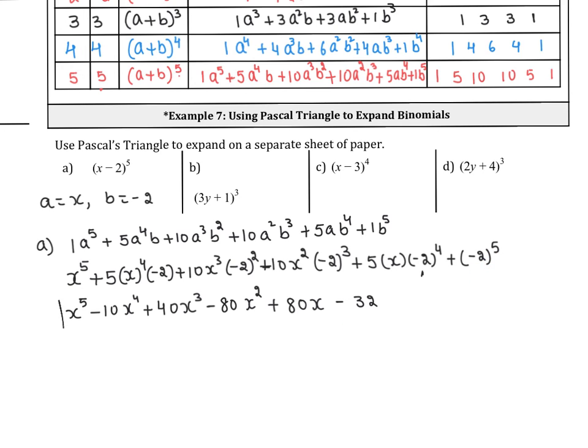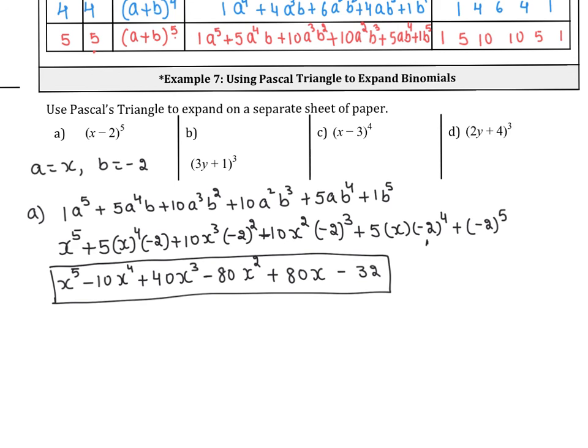So that's your expansion and your answer for x minus 2 to the power 5 using Pascal's triangle binomial expansion.